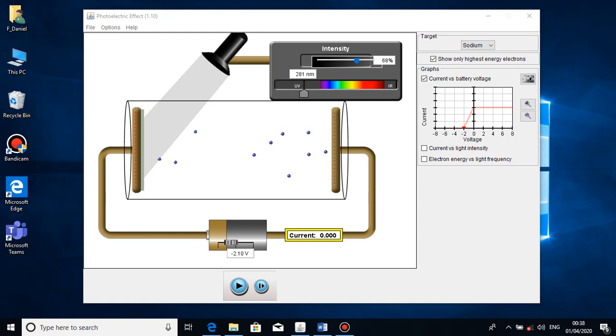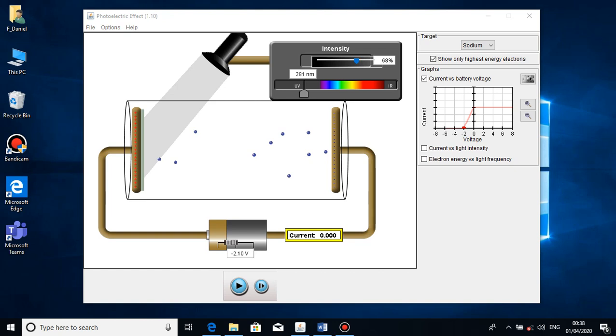Another point to explain is what is called the threshold wavelength. Threshold wavelength means that it is the radiation with the maximum wavelength that lets electrons be extracted. And also we have threshold frequency.